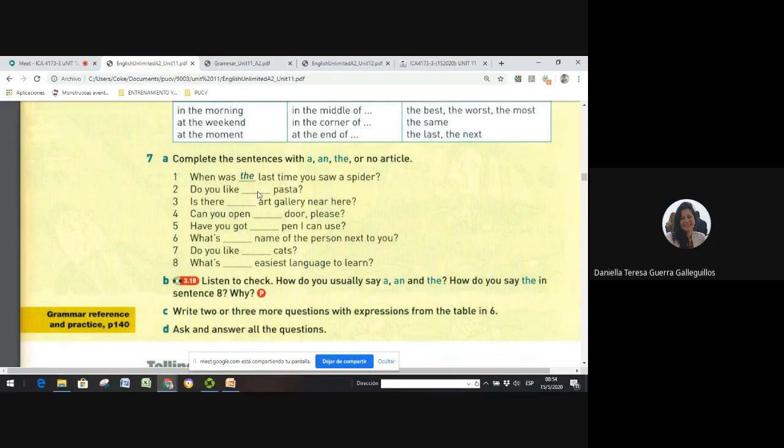6. What is the name of the person next to you? I have no one next to me, so I cannot say the name. I'm sitting alone here. So, what about you? What's the name of the person next to you? It's a cat, my cat Carlitos. Oh, your cat.